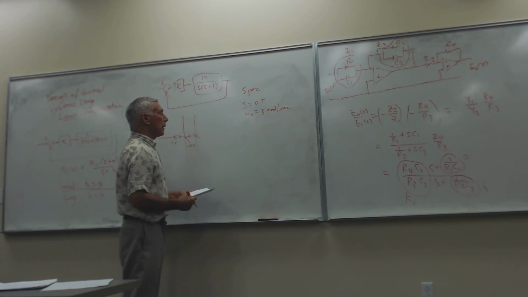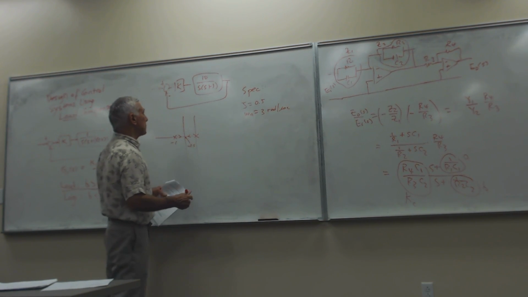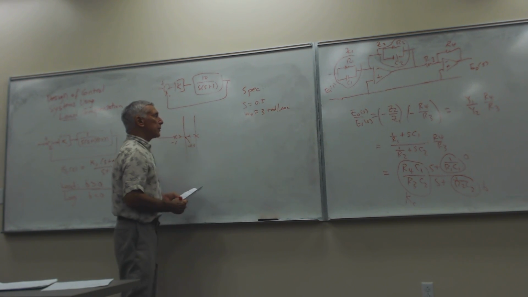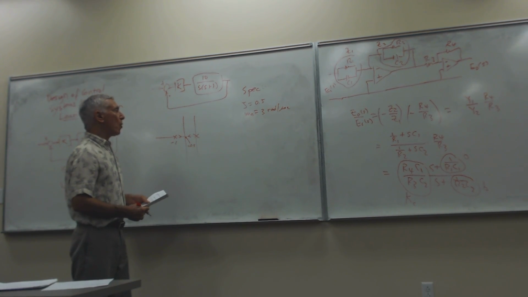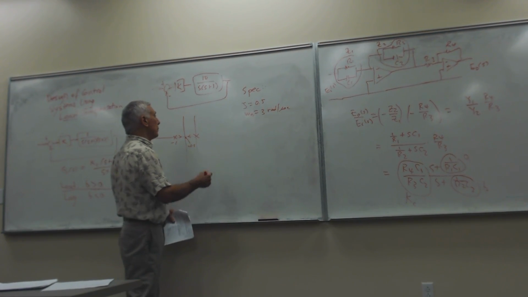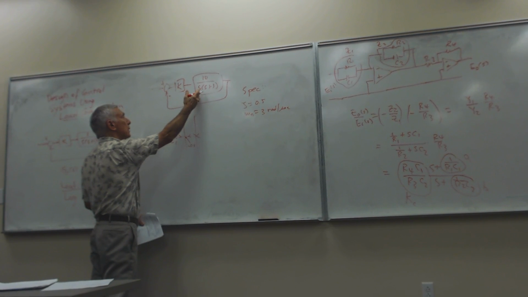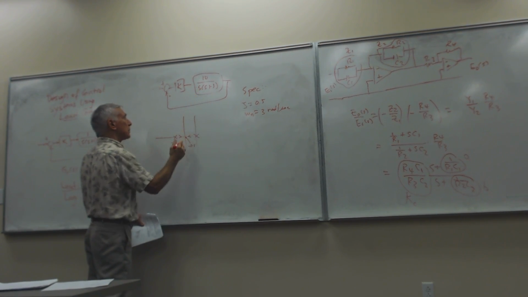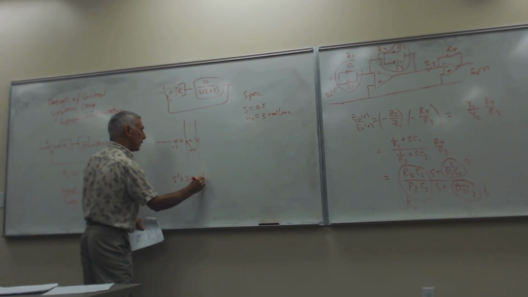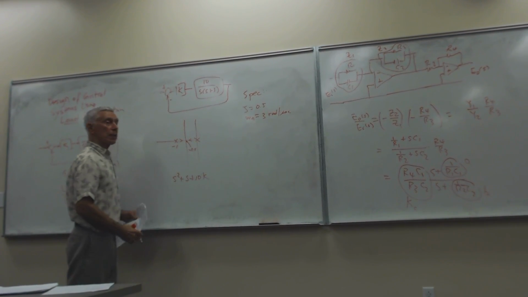Okay, and if these are the specifications, then you can determine where the desired closed loop transfer function pole will be. Well, let's take a look at the characteristic equation of this system. It's going to be s squared plus s plus 10k, that's the characteristic polynomial.